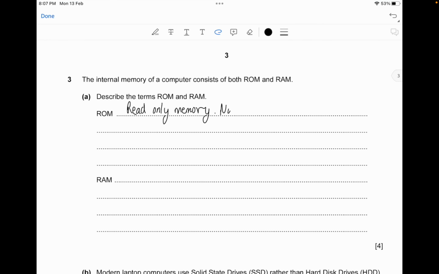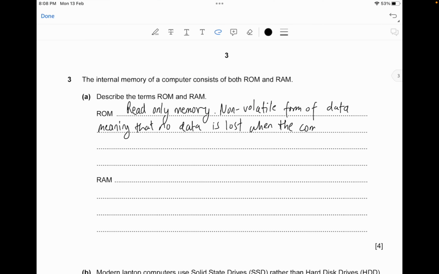ROM is a non-volatile form of data, meaning that no data is lost when the computer is switched off.